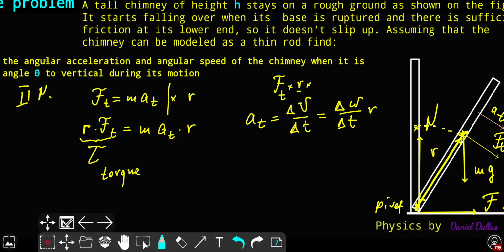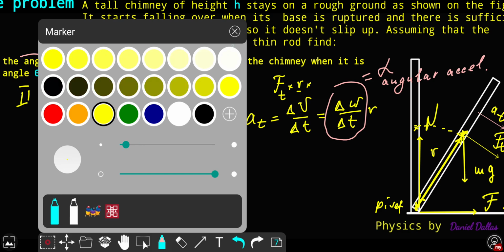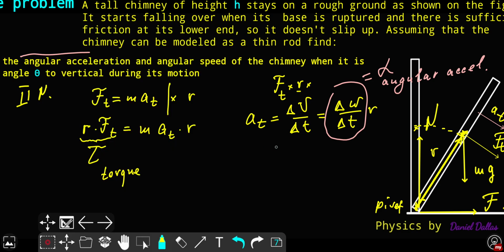So here is how we can find the angular acceleration, that's what we're looking for. So this is alpha. Remember kinematics, it's all about that. So what we're going to do is rewrite that tangential acceleration is equal to alpha r.